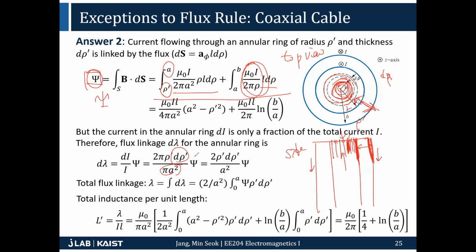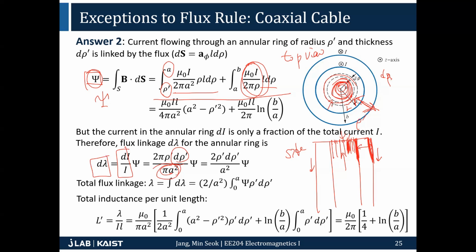If you multiply those, you get the small infinitesimal area of this shell. Then if you divide it by pi a squared, the total area, you get dI over I, the contribution of the current due to this small cylindrical shell. And that's how you define d lambda, the infinitesimal flux linkage associated with this small cylindrical shell with radius rho prime.